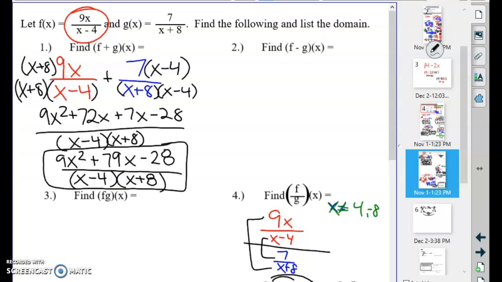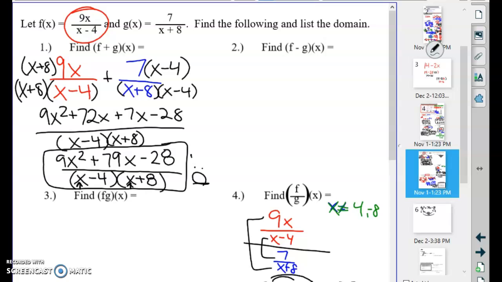So now it says list the domain. Well, I know that there are two domain restrictions. I have a domain restriction that comes from right here. So that is x equals 4. And right here, x is negative 8. So those are the two places that x cannot be. So therefore, I'm going to fit in my domain to the side.